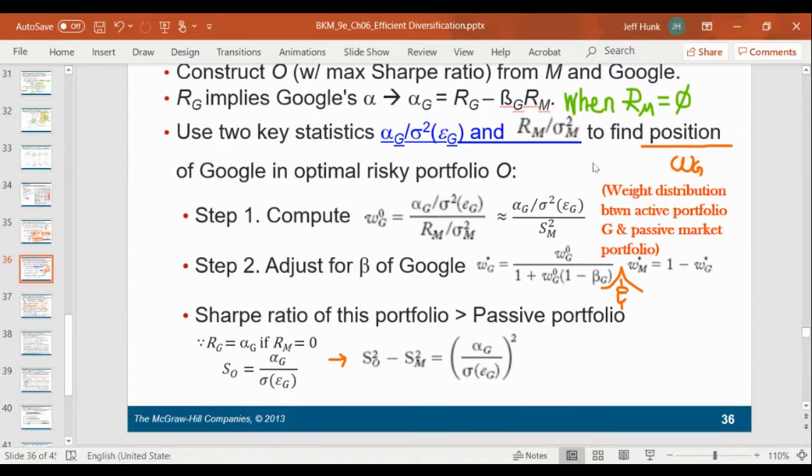And if you take the ratio between the two, it gives Google's weight in the optimal risky portfolio. So we calculate this, right?